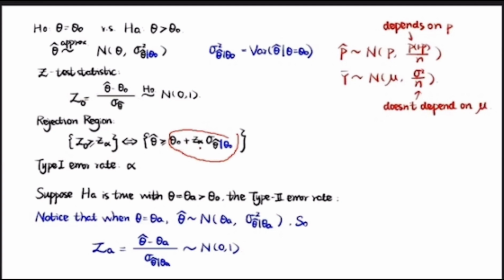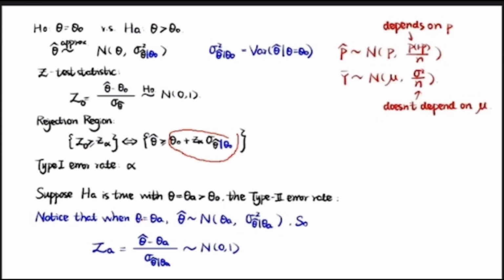The Z alpha we check from the table, and this is the standard error. So the only condition to reject is when theta cap is greater than or equal to all of that. And we investigate this taking into consideration the type 1 error rate, because that alpha is the type 1 error rate.